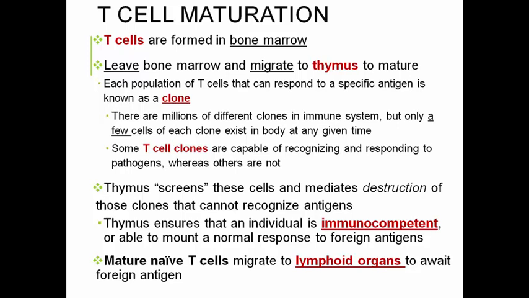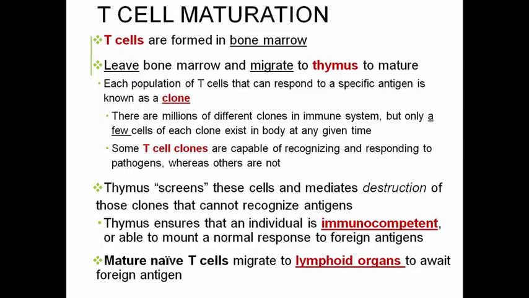They start off naive, they don't know what to fight off, but then they begin to recognize the specific antigen, they see the enemy face to face, and they'll begin to create clones of themselves. So the different clones become part of our immune system. There's only a few of those that exist in the body at any given time, so some of the T cell clones are capable of recognizing and responding to the pathogens, where others are still immature and not.